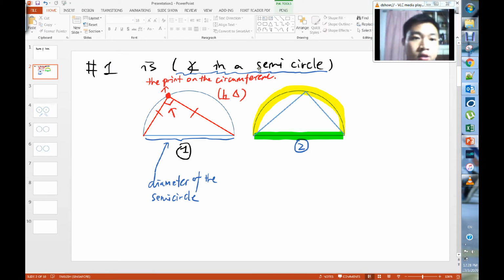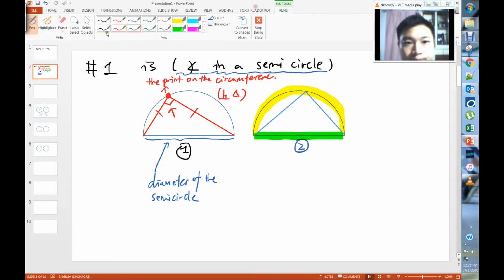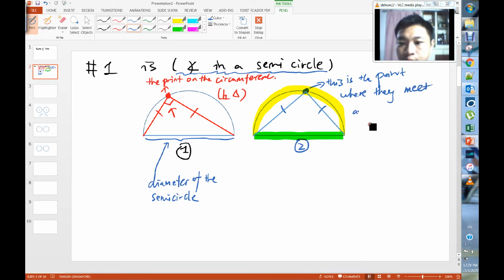Can you see these two lines? You have this line 1 and you have this line 2, and they meet at one point on the circumference. This is the point where they meet, and this point must be on the circumference.